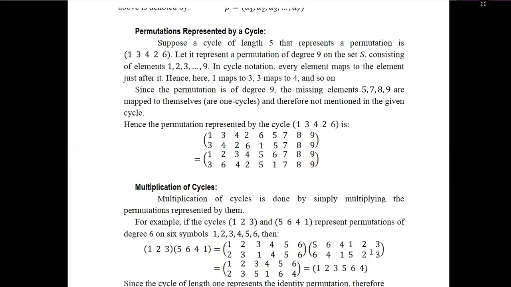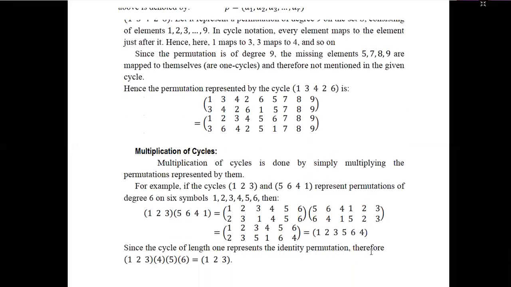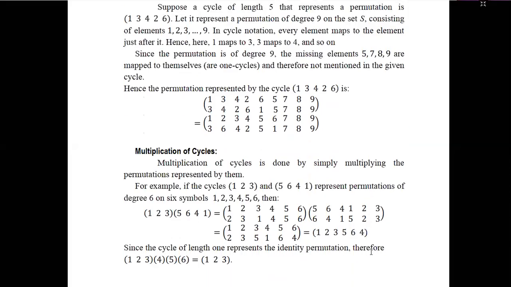Okay, now multiplication of cycles. Multiplication of cycles is done by simple multiplication of permutations. We did in the last lectures how to multiply, or compose, two permutations. In the first step, just like we have two cycles, (1 2 3) and (5 6 4 1).